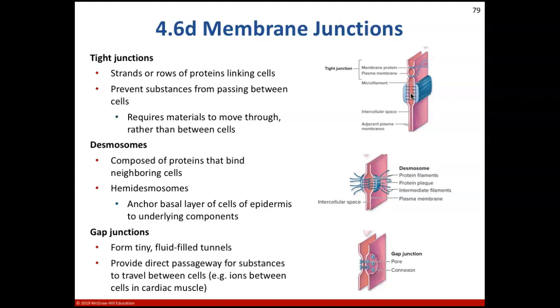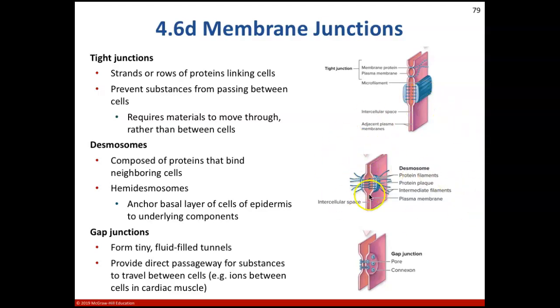This would be really important in an area of the brain in which we create something called the blood-brain barrier, so certain toxins can't get into our blood supply to our brain. So we require materials to move through rather than between the cells.